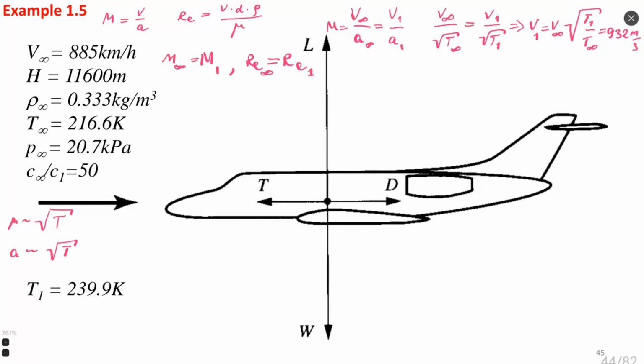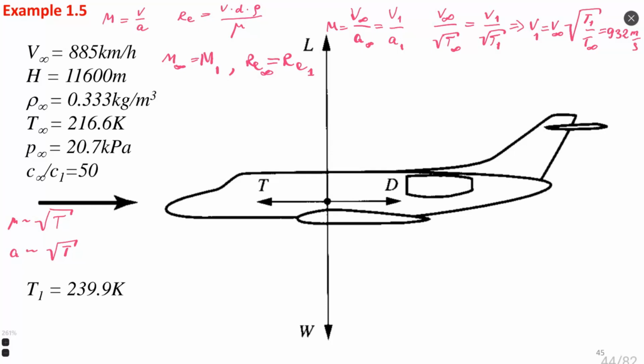You see that when we consider Mach number, it's not important how much you scale this body, because scale of the body did not enter inside calculation of testing velocity.